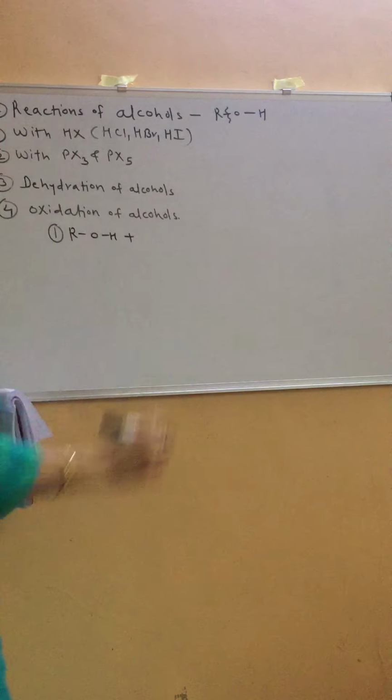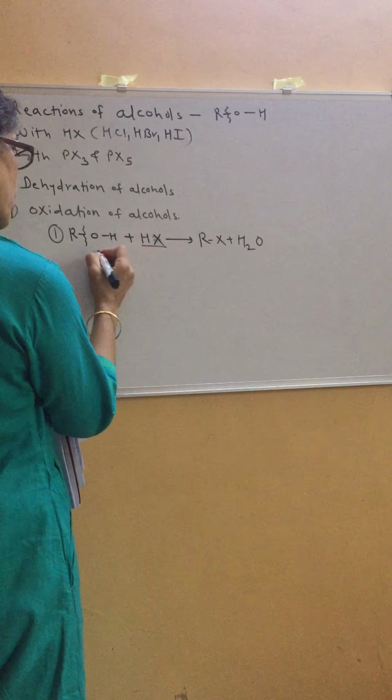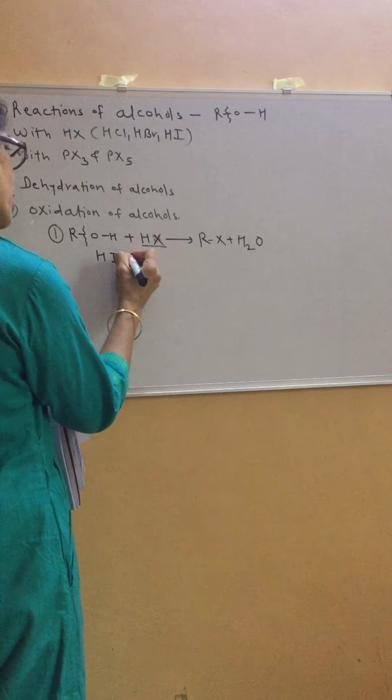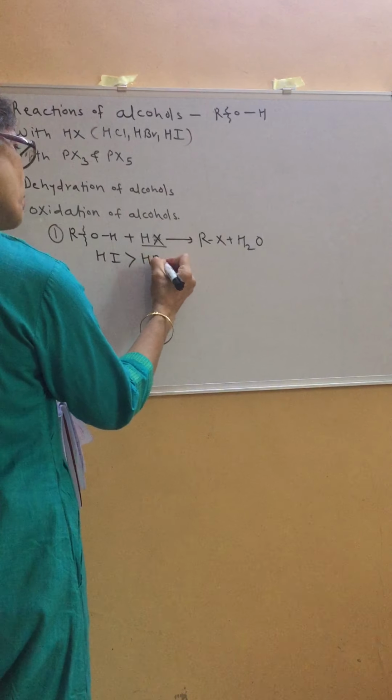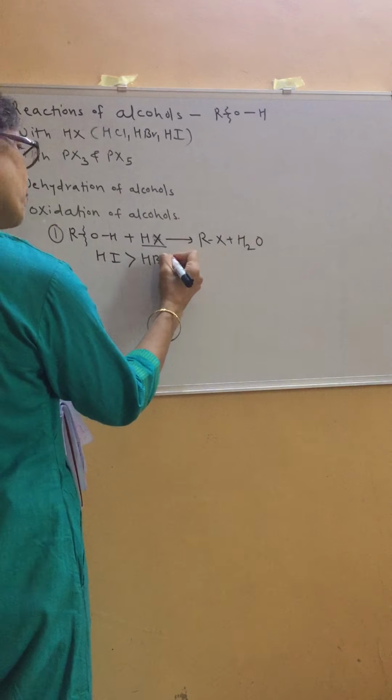First of all, we will see when alcohol reacts with hydrogen halide, this bond is going to break, and this OH will be replaced by X, and we will get RX, plus this H and OH will form water. This is the general reaction. Now the reactivity order of HX is HI is more reactive than HBr, which is more reactive than HCl.